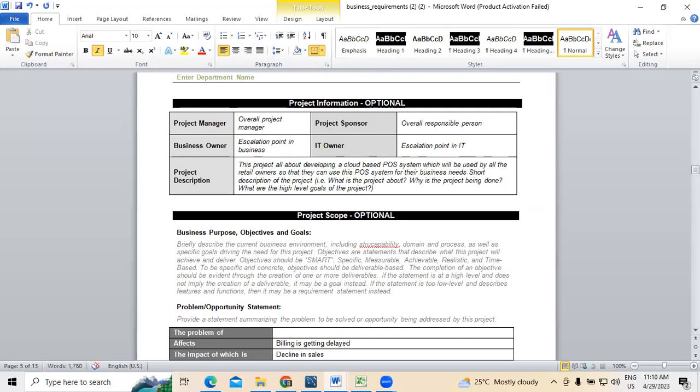So this is what generally the description which I have written under the description of the project. This is how the project description has to be written. The description of the project is essentially important, and we have to write it down here equally.